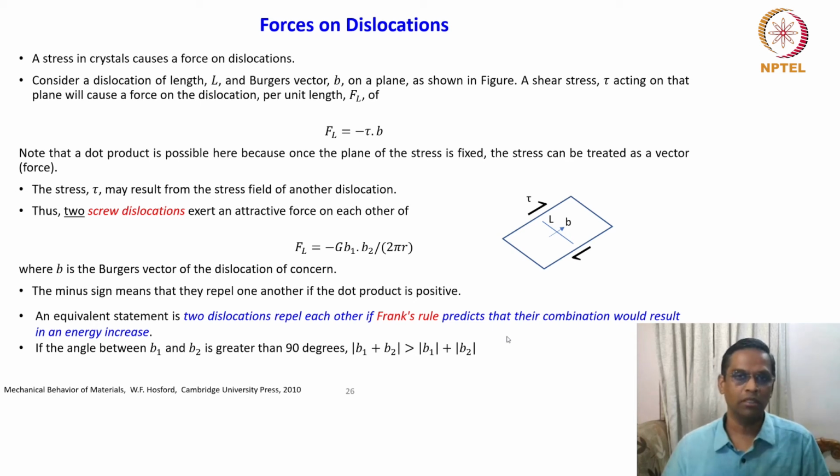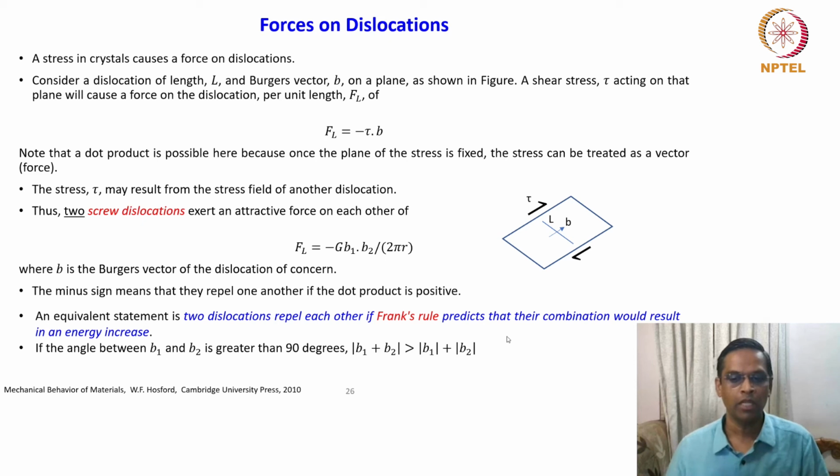Then there is a condition for the dissociation: both sides should be balanced, right? One side should be favorable in energy. We will see some examples. When I show some examples, it is easier.